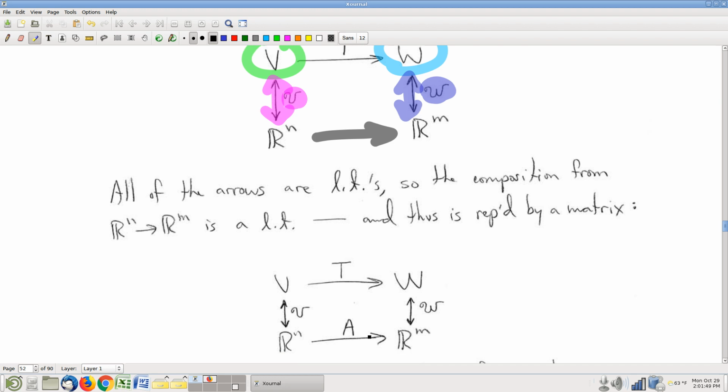So here's our situation again. Vector representing with respect to a basis. Output vectors representing those with respect to a basis.